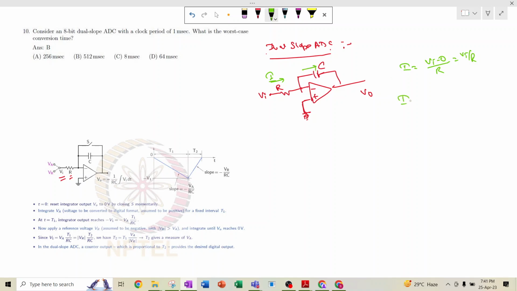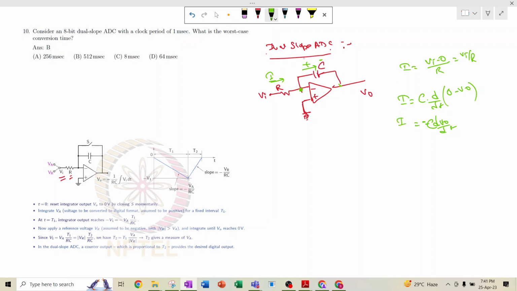So this I will be C dV/dt. That means if the current is flowing through this, this potential minus this potential, that is 0 minus V0, divided by dt. So this is equal to minus C dV0/dt.